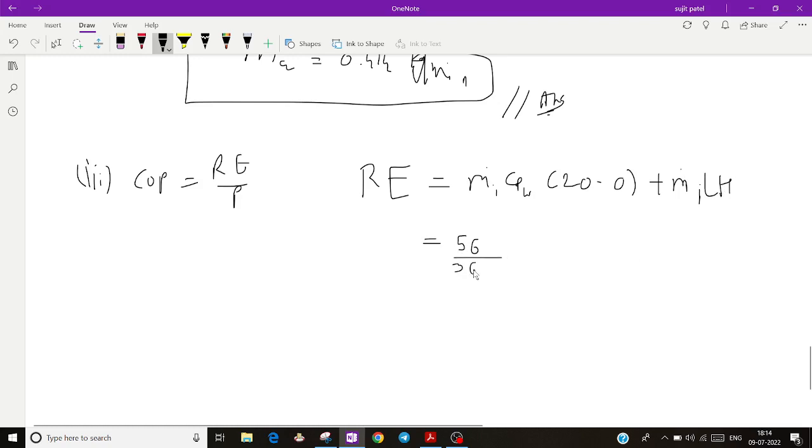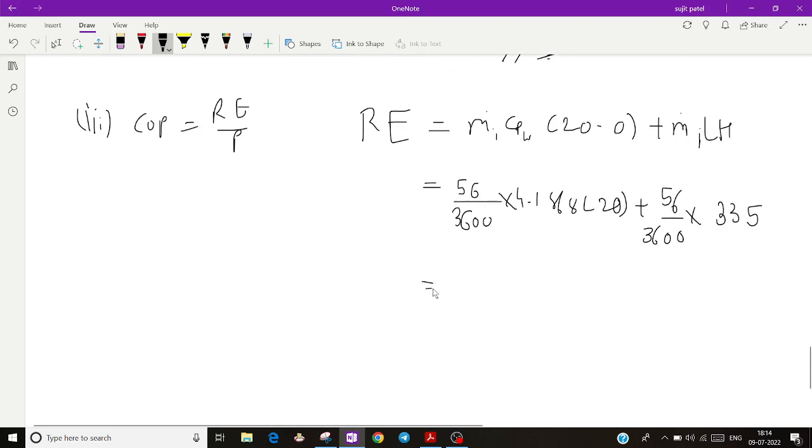So 56 divided by 3600, because we want our answer in kg per second to get the refrigeration effect in kilowatt. Cp of water is 4.1868 into 20 plus 56 divided by 3600 into latent heat, which is 335.